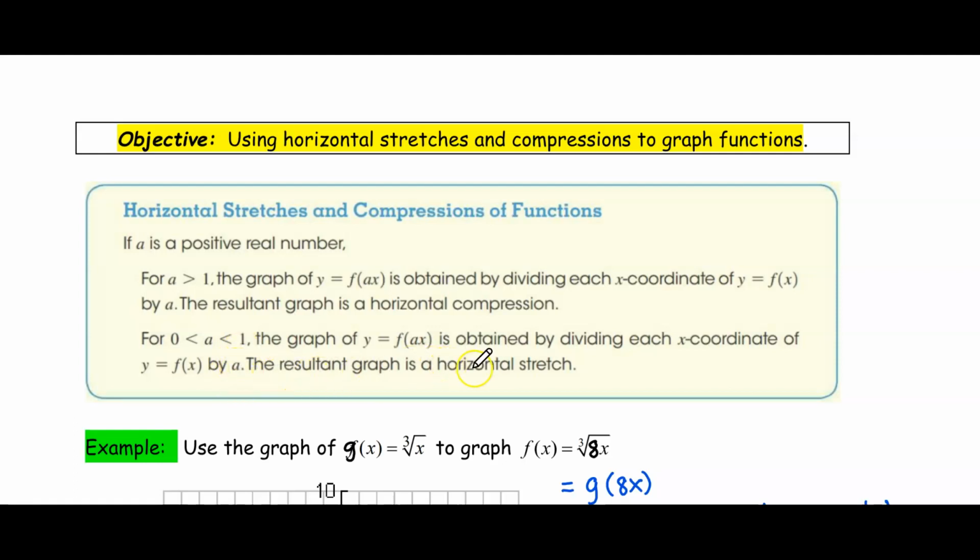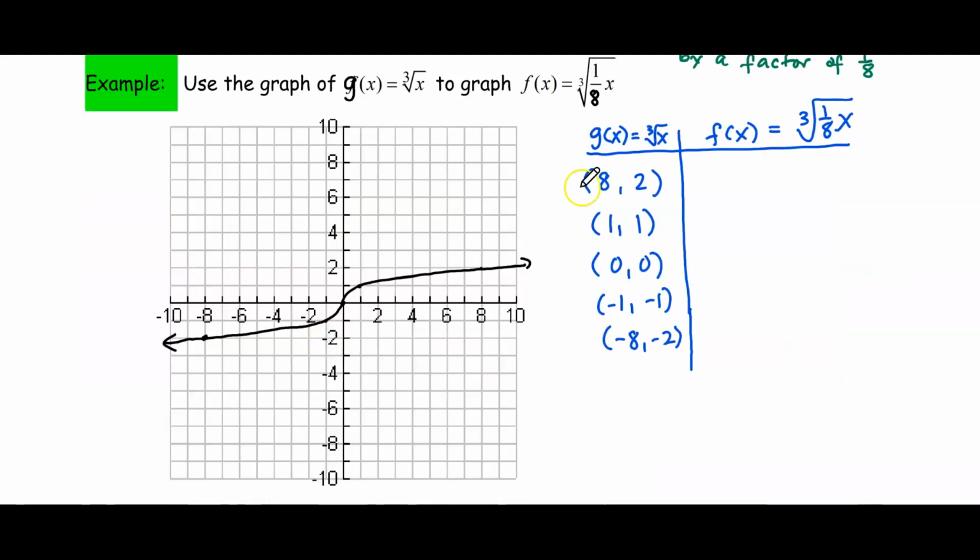And the result of the graph will be a horizontal stretch. Now let's apply that to the example here. So our x coordinate will be divided by the factor here. So here we have 8 divided by 1/8. 8 divided by 1/8 is equal to 64.